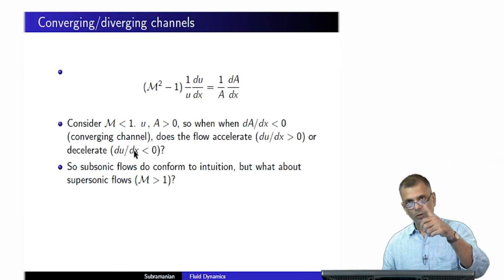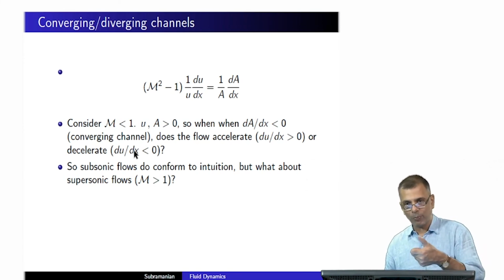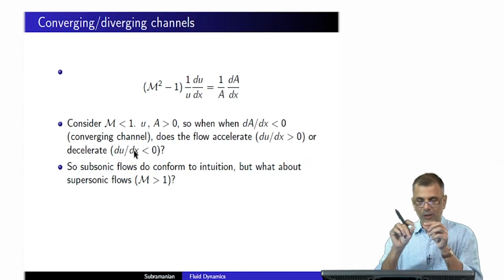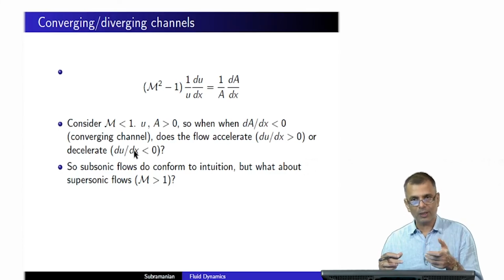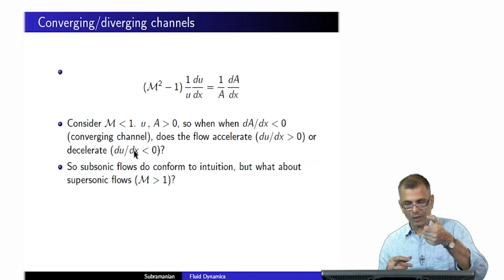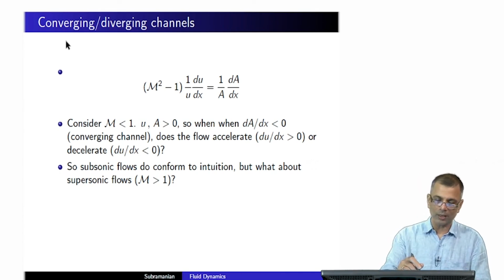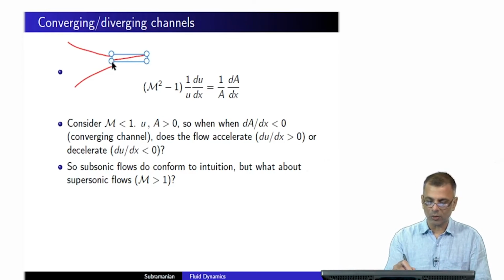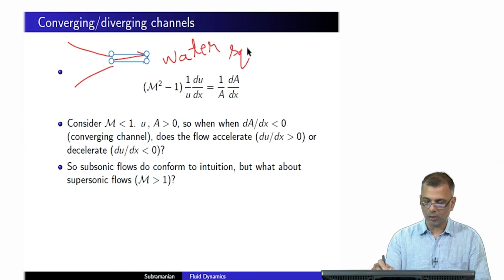You take a garden hose pipe and you pinch it. In other words, you decrease the area and you find that the speed of water coming out from the nozzle is larger. You make it a converging channel like this, and you find that pinching it makes the water squirt out fast.